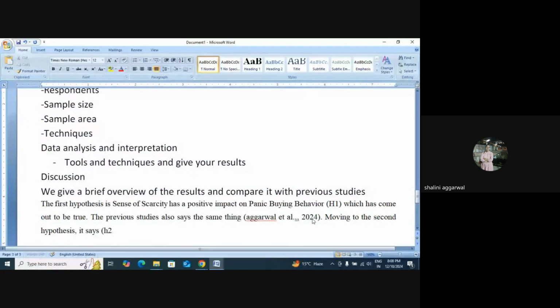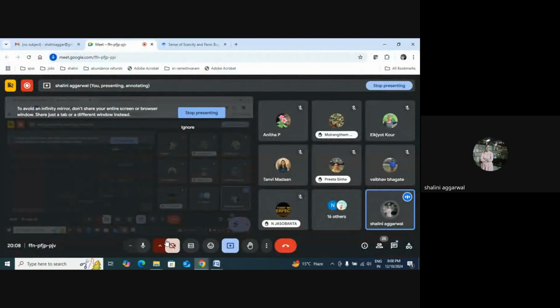Then H2, which is true again. The previous studies also say, you can change the lines, you can make some more story about it. So this is what you write into the discussion part. I hope it is clear to all. Please raise your hands if it is clear.